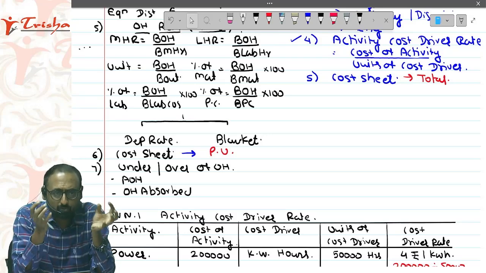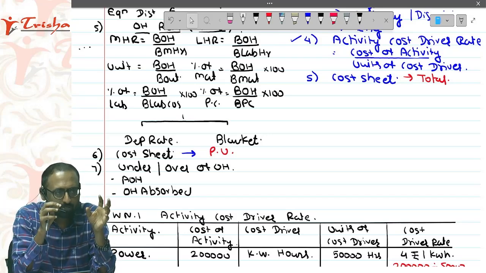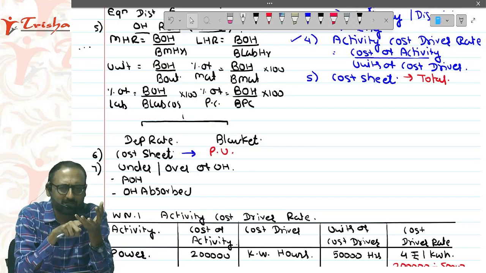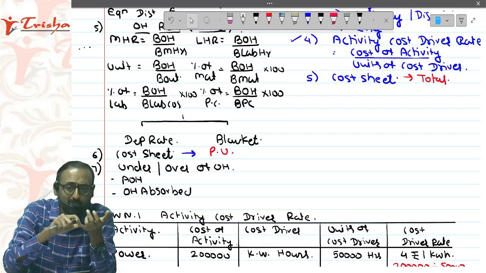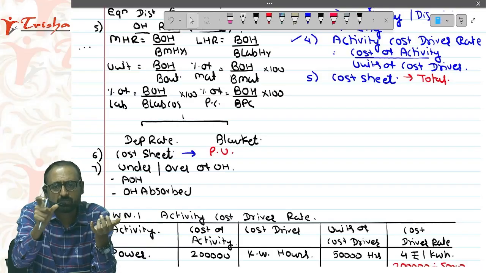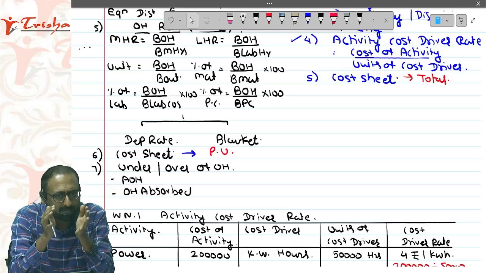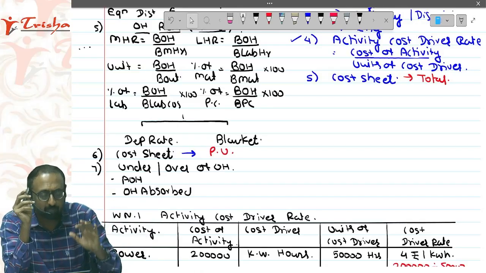Under the blanket rate, you calculate a combined rate for all departments together. If you calculate the blanket rate, the formula is simple. Suppose machine hour rate is asked in the question: budgeted total overheads of all the departments divided by total machine hours of all the departments. So a single rate for all departments is calculated in the blanket rate method.